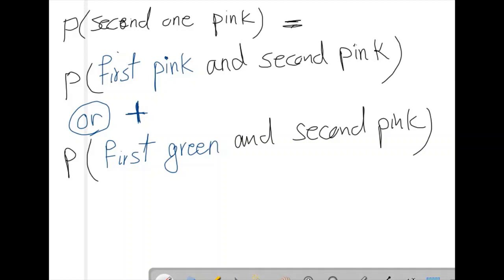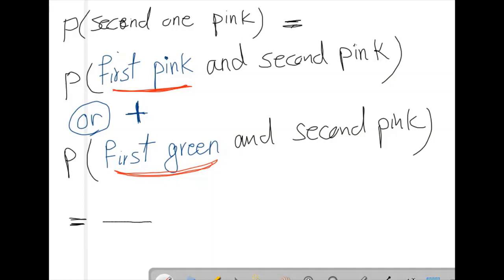So we consider two cases for the first one. First one is pink or first one is green. Okay. First one is pink.